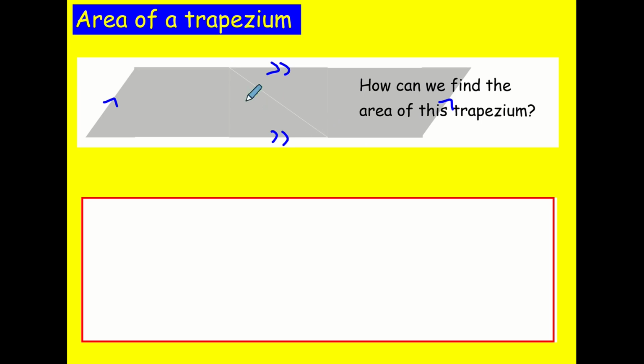I hope so. So we recently looked at the area of a parallelogram, and we said it was just the base times the height. So let's imagine I've got the height, I know what that is.